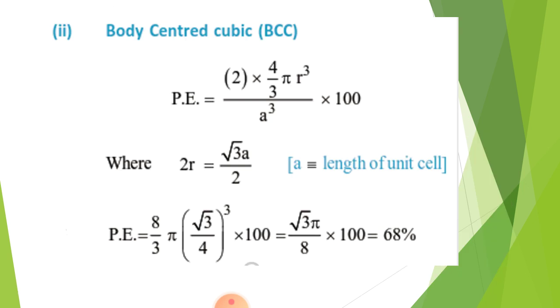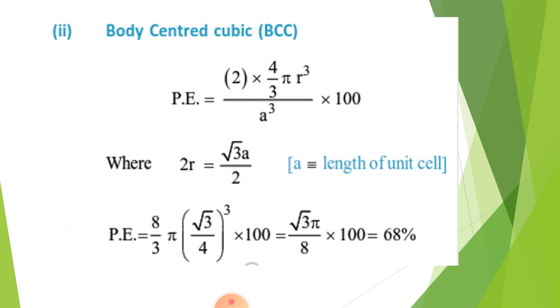Next, the body centered cubic unit cell. BCC contains 2 atoms. Here we put 2 multiplied by the volume of a sphere and divide by the volume of the cubic unit cell. Here you have to find the body diagonal. The body center atom touches 2 corner spheres.